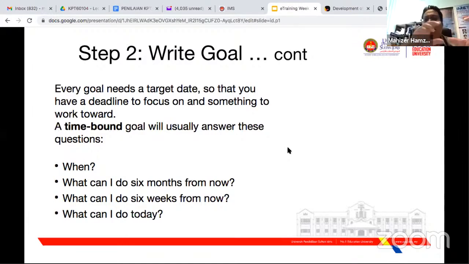I mean kita gunakan sistem modular. Modular ni maksudnya dia perlu lulus modul 1 sebelum dia pergi kepada modul yang kedua. Dia perlu lulus modul yang kedua sebelum dia pergi kepada modul seterusnya.